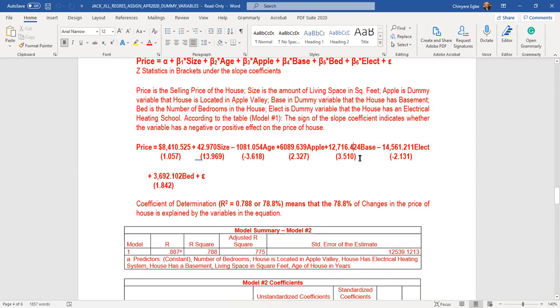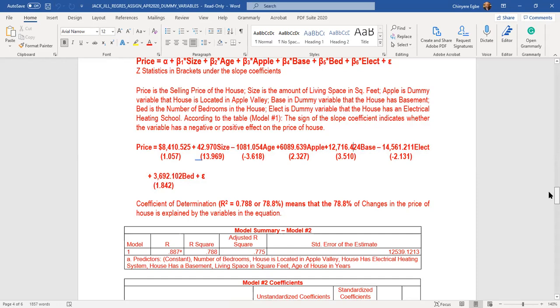Good. So basement is not 0. Basement is 1 if the house has a basement, and it is 0 if the house has no basement. So if you're asked to predict the price of a house that has no basement, when you come to basement, you put 0. You get the idea?